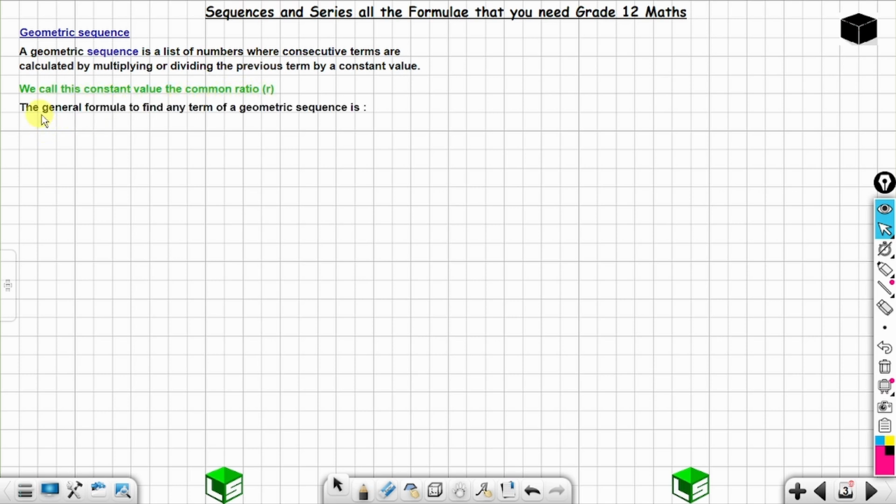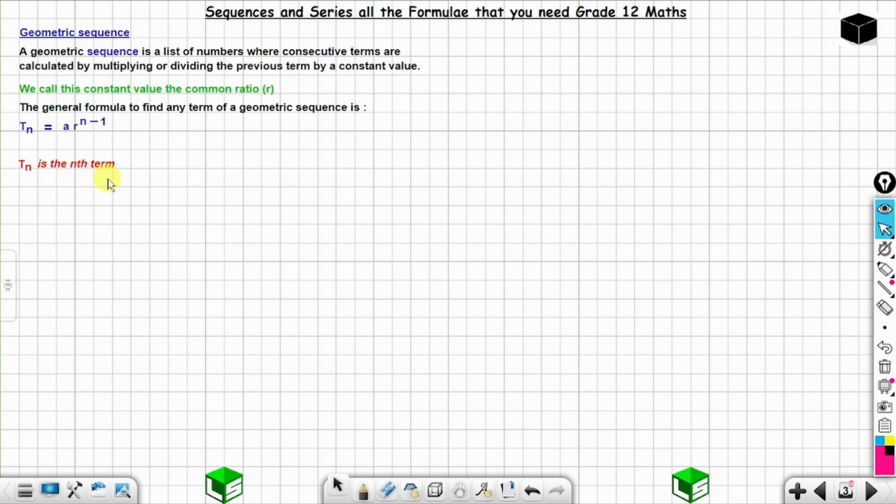The general formula to find any term of a geometric sequence is this. We use it to find T1, T2, T3, T4, and so on. Tn is the nth term.